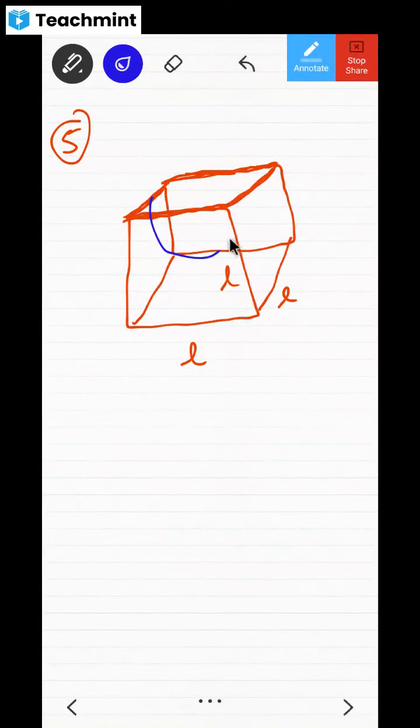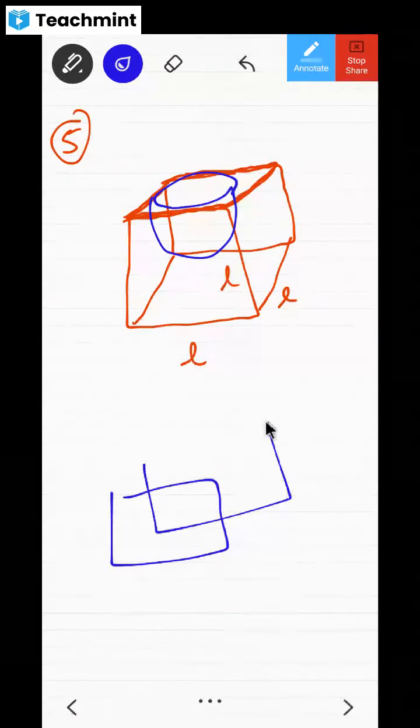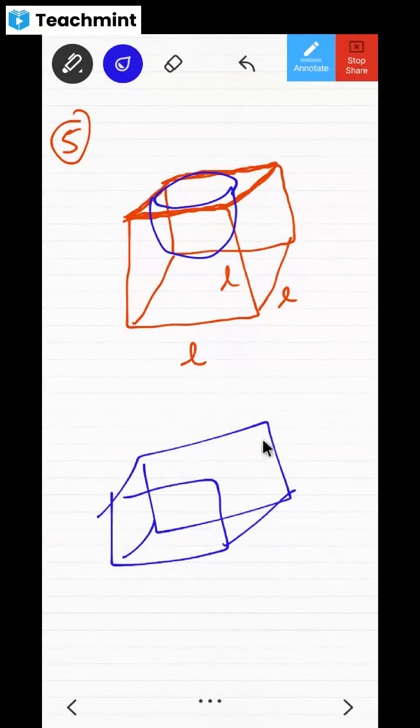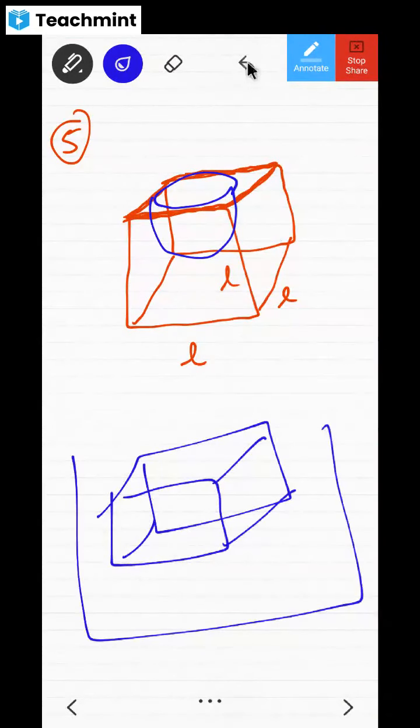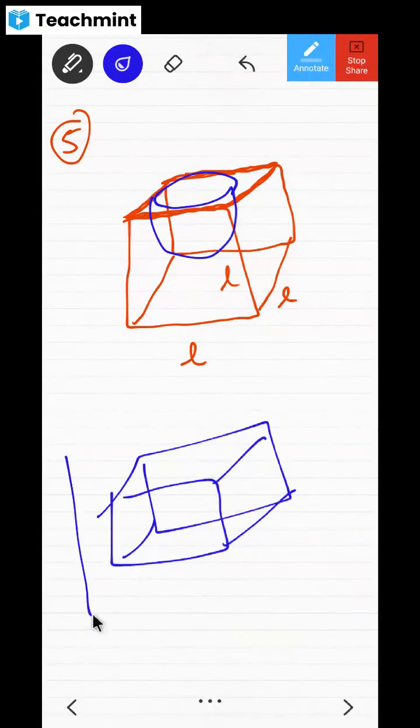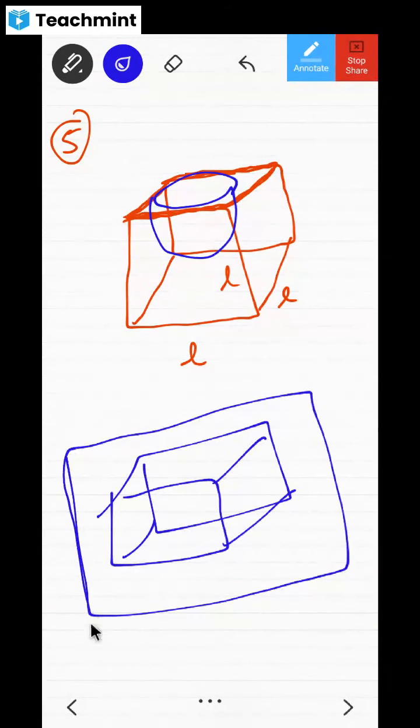So what is the diameter of this hemispherical depression? See, ice cream cubes you have seen, no? Family packs: they are put in a cuboidal or cubical box like this.